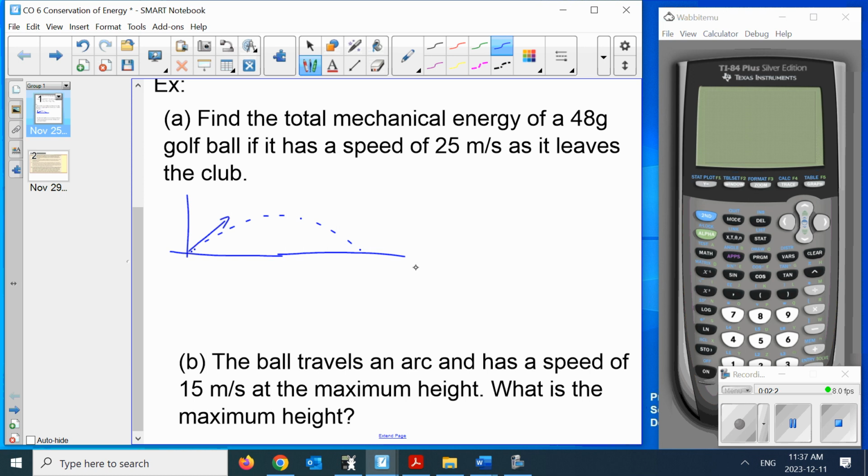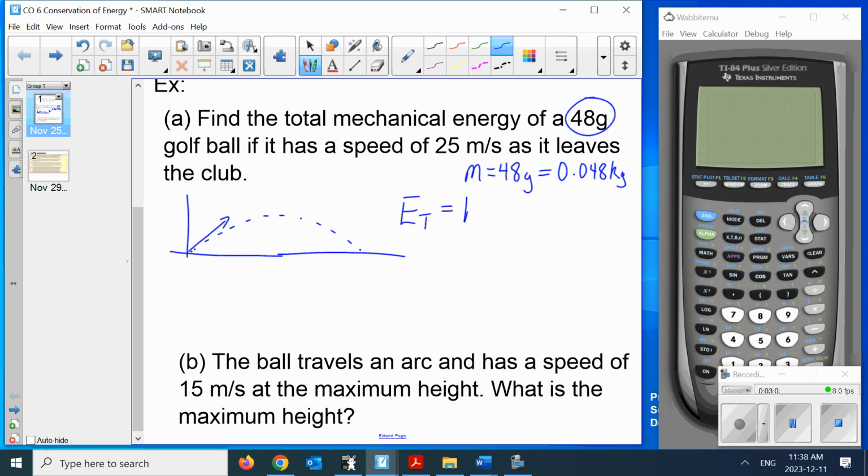The total energy. And I'm not saying before or after, we can choose the scenario we want.